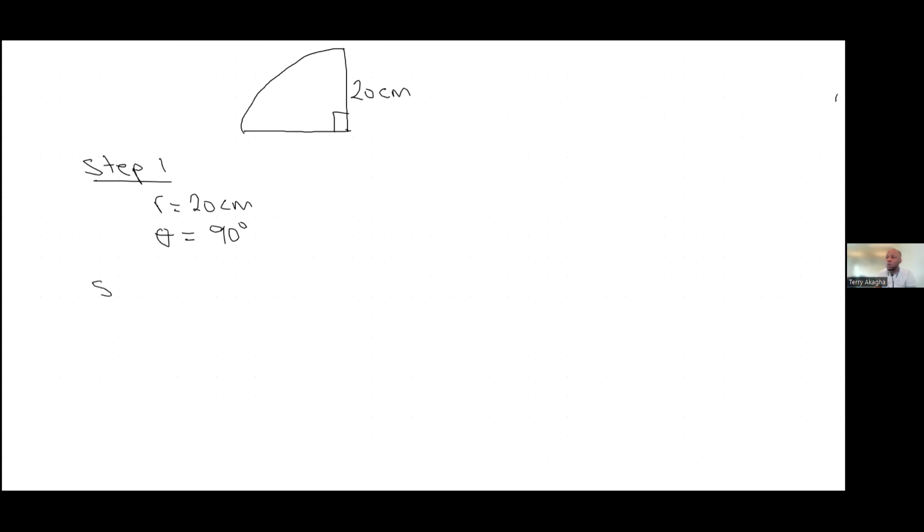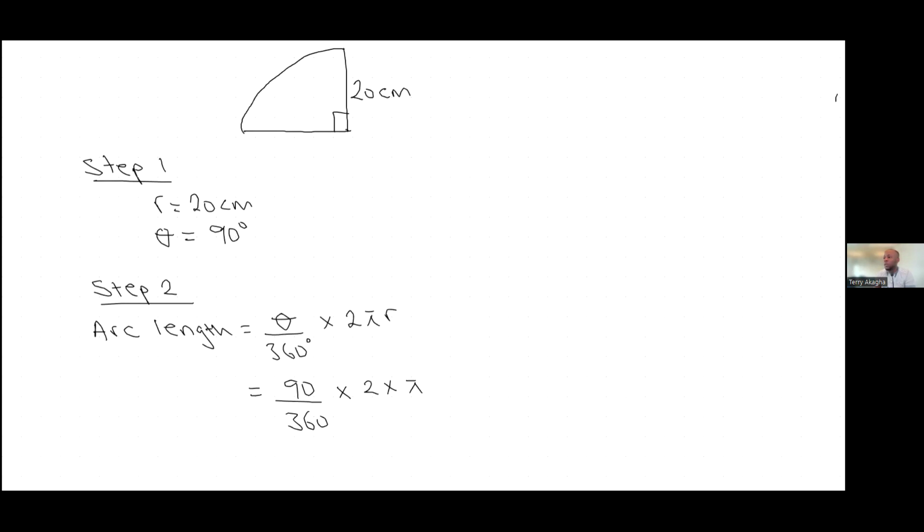So step two, we know the arc length is equal to theta divided by 360. Because we're given the radius, it's going to give us 2 pi r. So theta is going to be 90 divided by 360 multiplied by 2 times pi times 20.